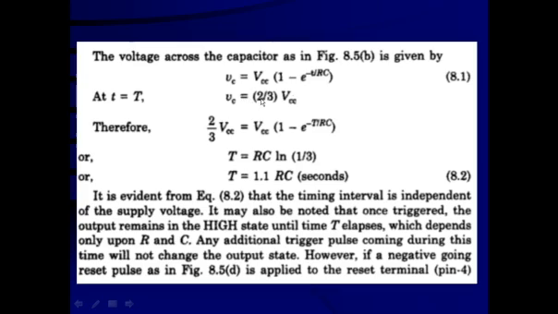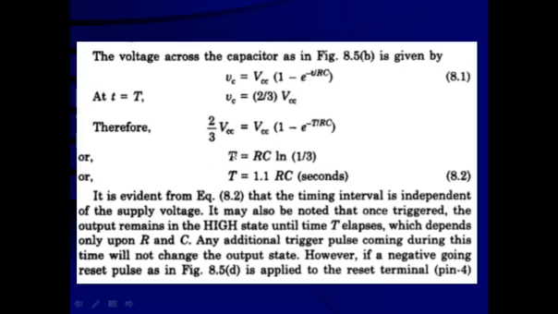Comparing this to the equation, 2/3 VCC is equal to VCC times (1 minus e raised to minus capital T upon RC). Here small t is replaced by capital T, and by cancelling VCC and taking e raised to T upon RC to this side, that is going to be positive.